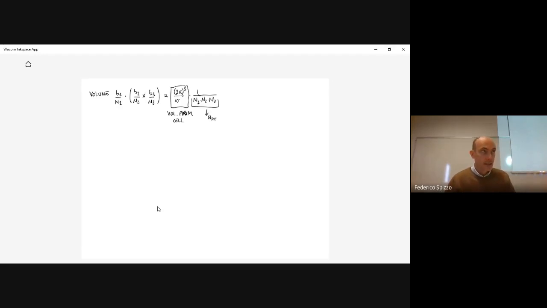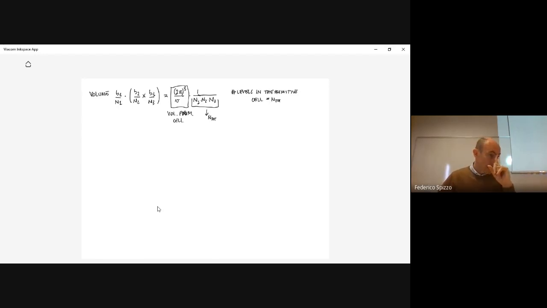So the conclusion is in one primitive cell, you may have a number of levels equal to N total. So the number of levels in the primitive cell is equal to N total.